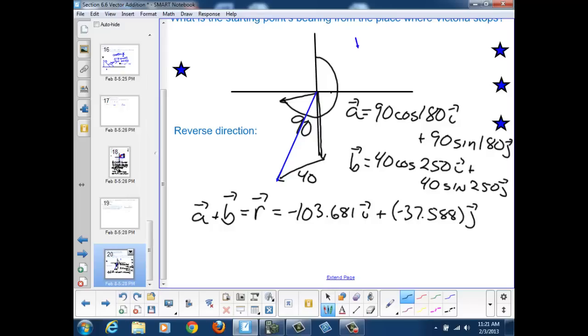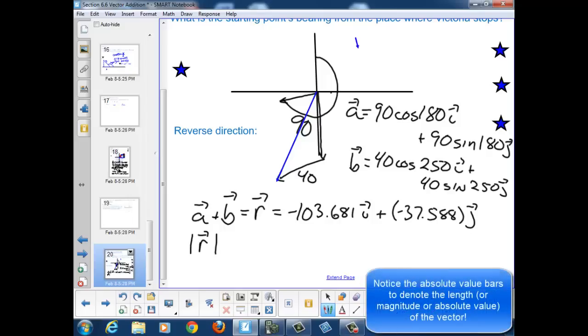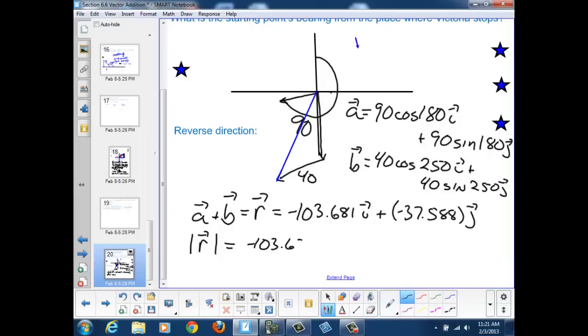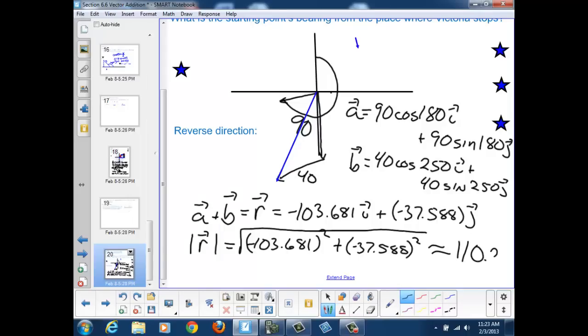Now to find the magnitude of R, again, we use the Pythagorean theorem, so negative 103.681 squared plus negative 37.588 squared, all square rooted, and that's approximately 110.284.